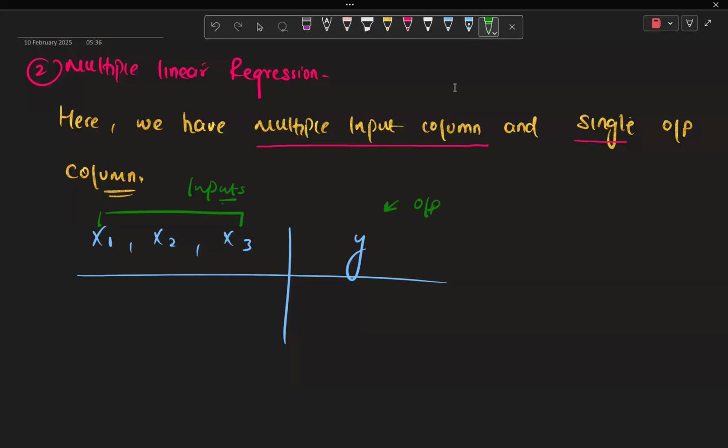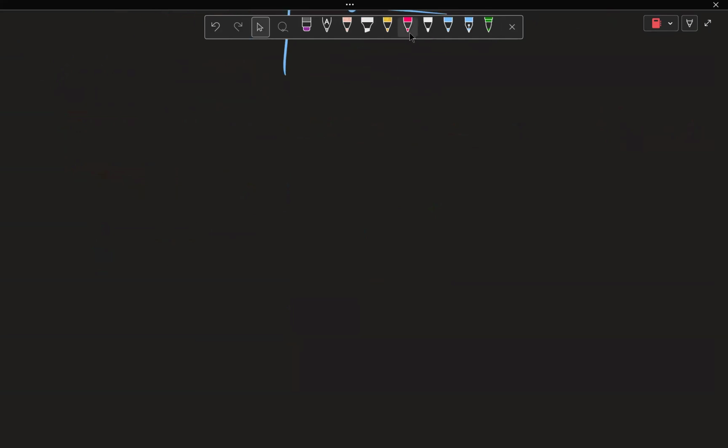Inputs. Okay. So if I write the equation, the equation becomes y equals beta naught plus beta 1 x1 plus beta 2 x2 plus beta 3 x3.